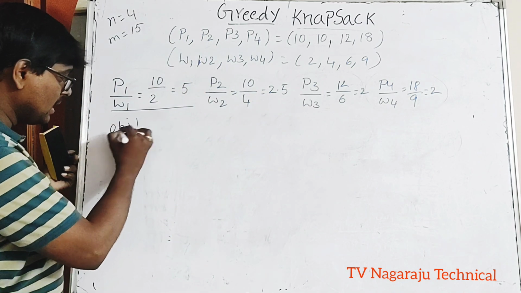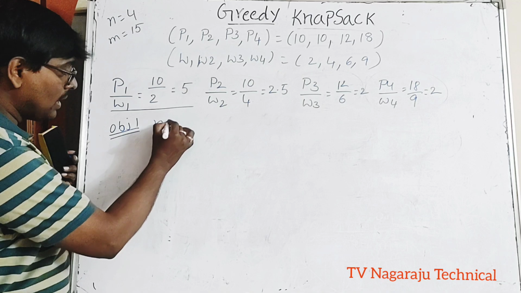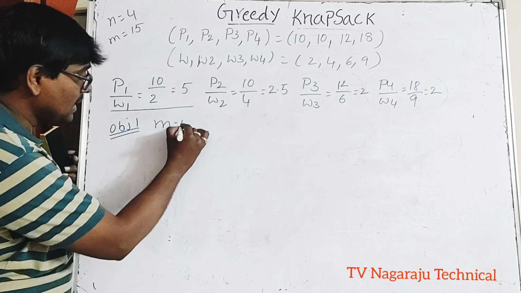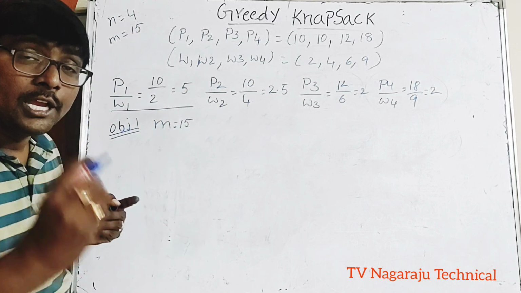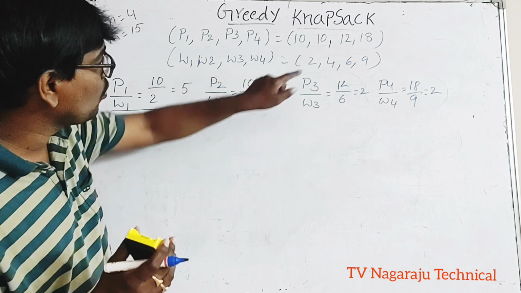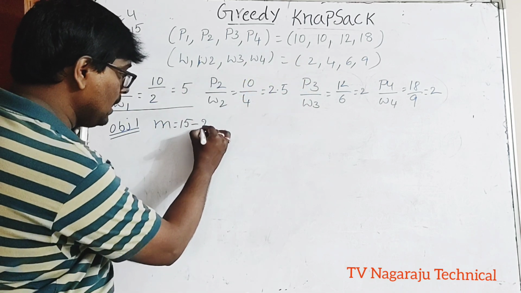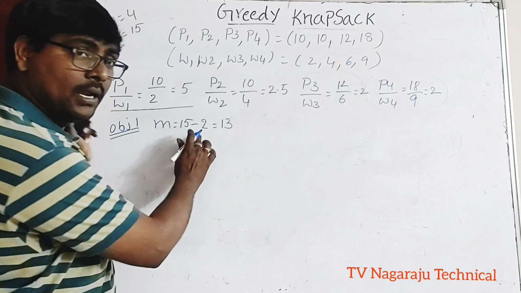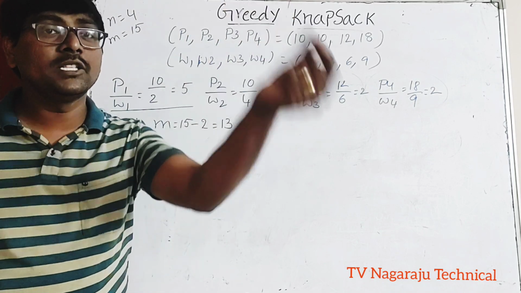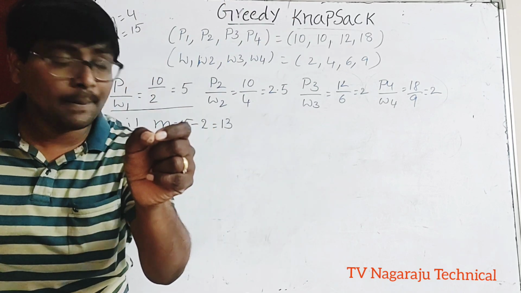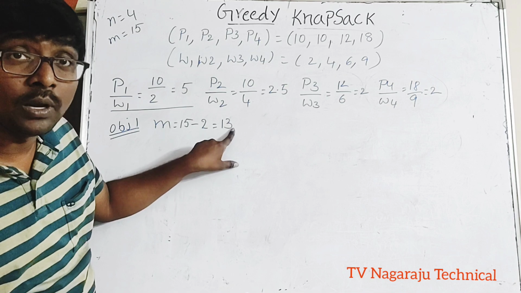Consider object 1. The initial capacity is 15. The weight of object 1 is 2, so 15 minus 2, because the object is placed into the knapsack. Now the remaining capacity is 13 only.